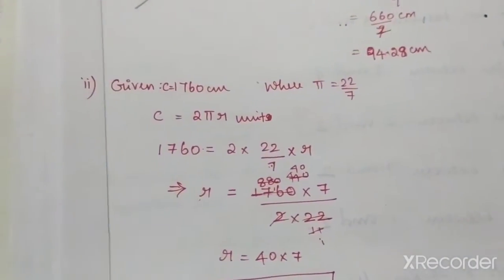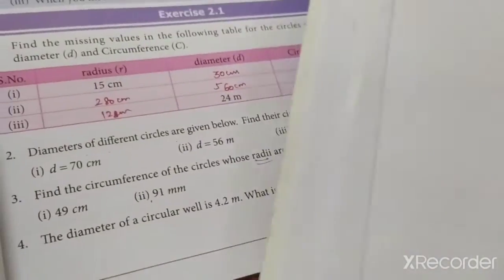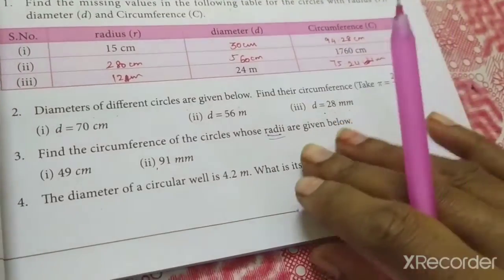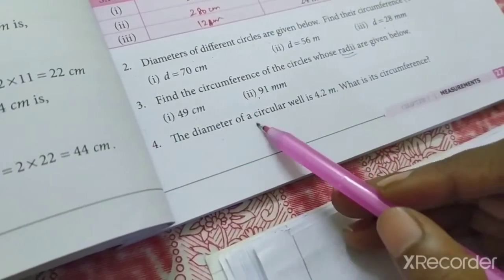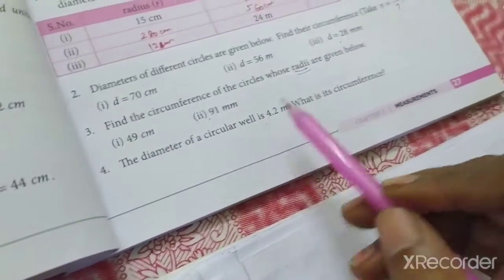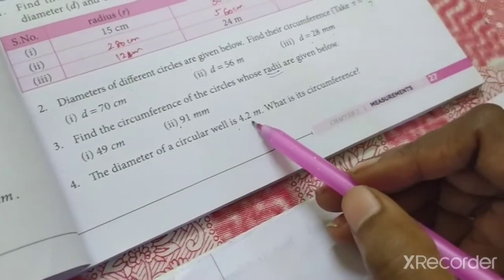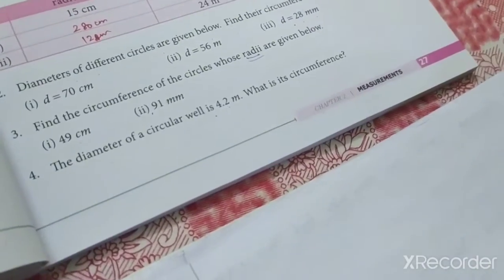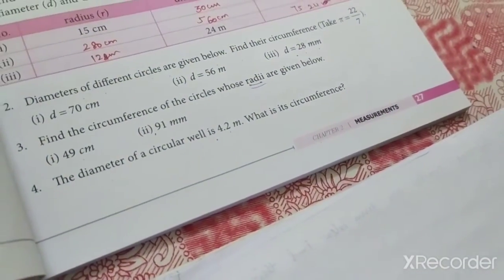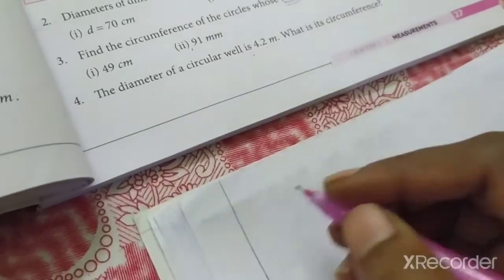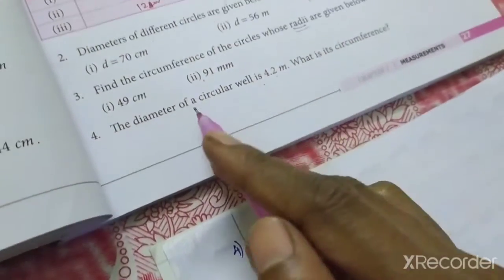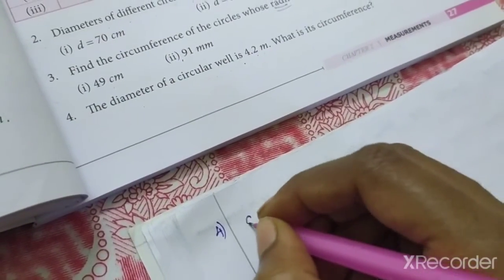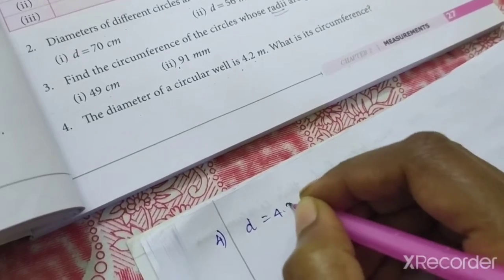We will move to the fourth sum. The diameter of a circular well is 4.2 meter. What is the circumference? They gave the diameter, so D is equal to 4.2 meter.